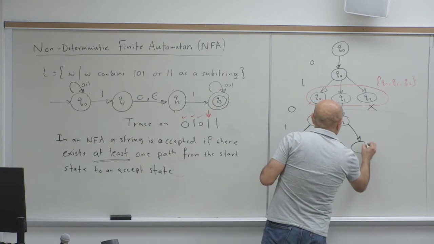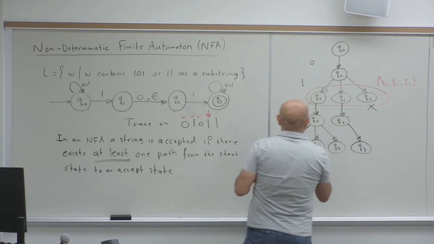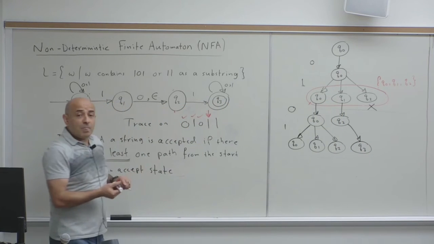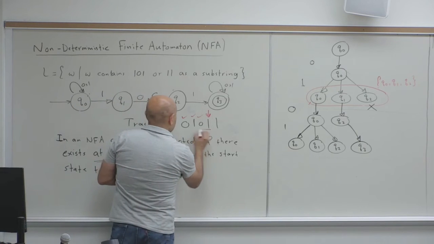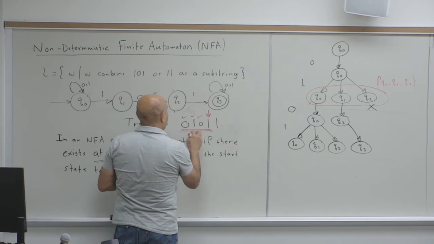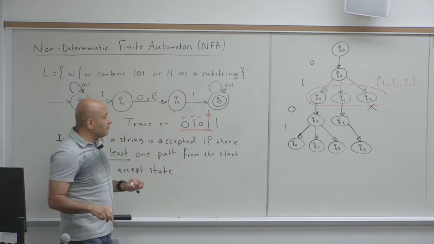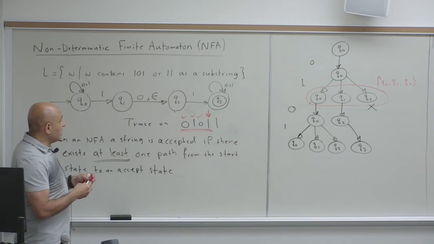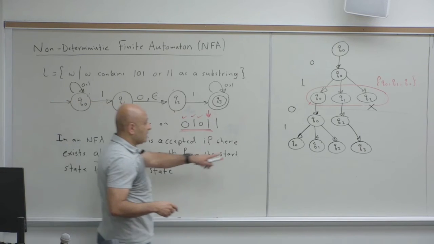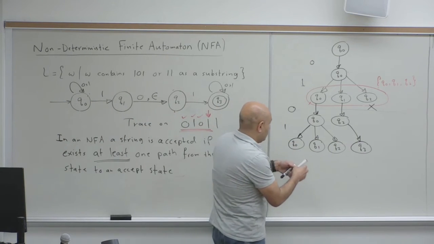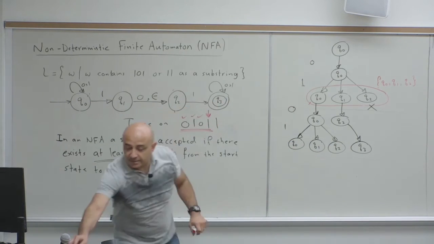Okay, so now Q3. Does this tell me that the string I processed so far, 0101, is an accept or reject? Accept. Why? Because there is a Q3 here, and Q3 is an accept state.